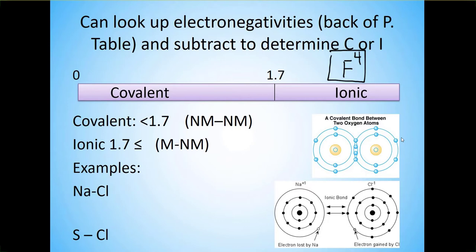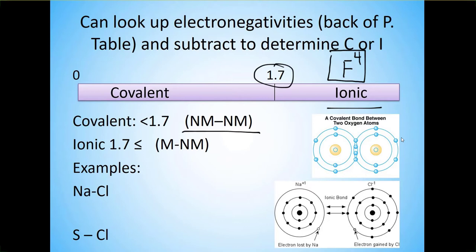You can look up both atoms that are in the bond, and you can subtract their electronegativity values. And if you end up with a difference of 1.7 or greater, you would classify that as ionic. If it's less than 1.7, you would classify that as covalent. And recall again that covalent is nonmetal with a nonmetal.